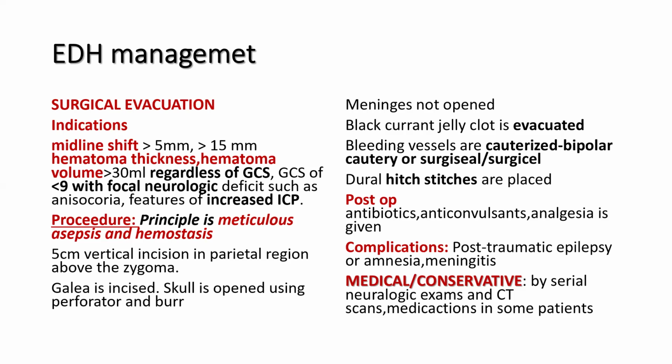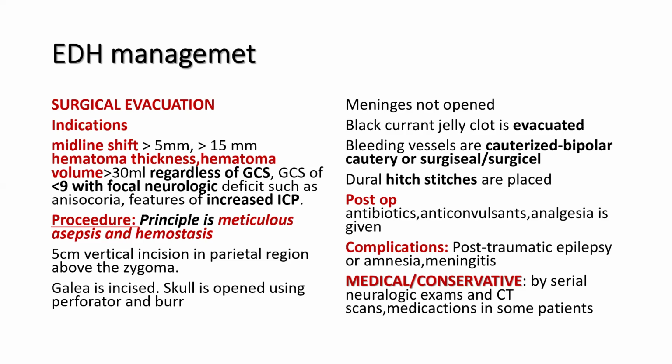You have seen Dr. Sura and Alfred using Savlon, then iodine, then alcohol. They are really trying to make sure that the place is as aseptic as it can be. So the principle is meticulous asepsis and hemostasis. You don't want to have any bleeding.